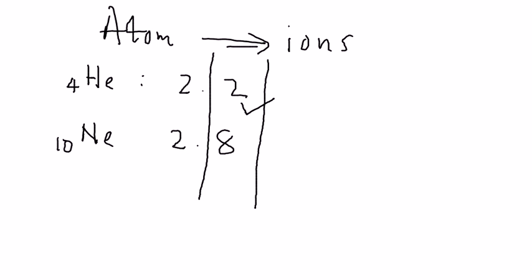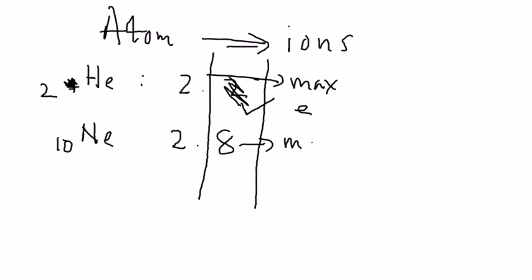My apologies, helium is not 4 here, helium is 2. So helium has only one layer, the first layer, which has the maximum number of electrons. For neon, 10 protons, therefore it has 10 electrons outside, and the outermost layer, the second layer, is 8.